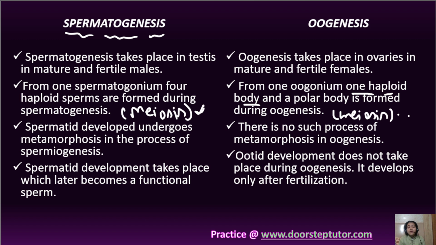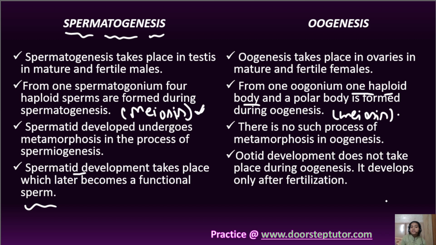Now, if we talk about spermatogenesis, then in this one, the spermatid development takes place, which later becomes a functional sperm, which process is known as spermiogenesis, in which the spermatids which are developed are later on produced as a functional sperm. While in case of oogenesis, here ootid development does not take place during oogenesis, and it is developed only and only after the fertilization.